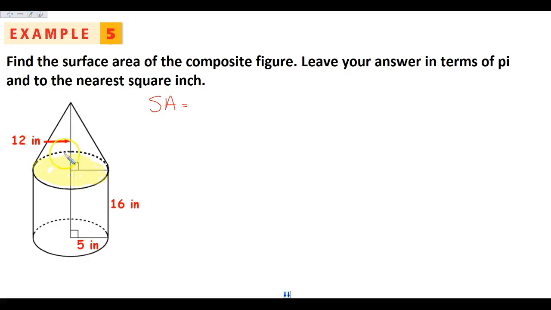So when I'm looking at my cone up here, all I want of the cone is the lateral area. Okay, so just the lateral area because I don't want to add in the base because it's actually inside the figure. Okay, now let's look at the cylinder. I know that if I go the whole way around the cylinder, I'm going to need the lateral area of the cylinder.